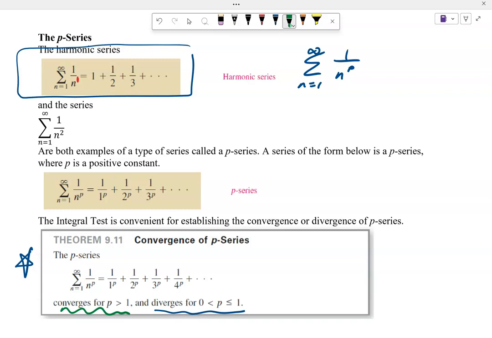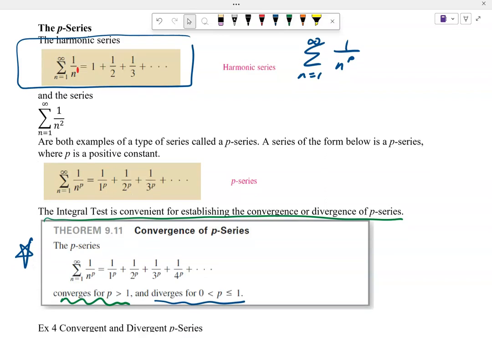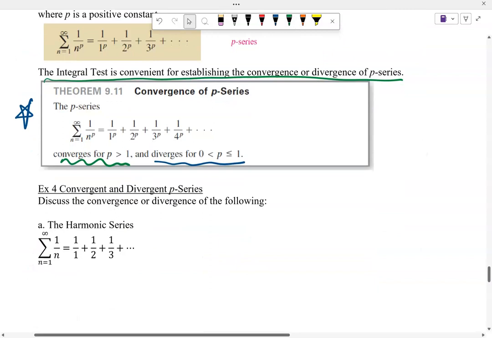The integral test can establish the convergence or divergence of p-series, but we don't want to bother with the integral test every time, right? If you notice with the p-series, you'll be continuous, you'll be decreasing, and you'll be positive. So it meets the conditions to just use the integral test, but we're not going to bother with it because now we have a p-series.